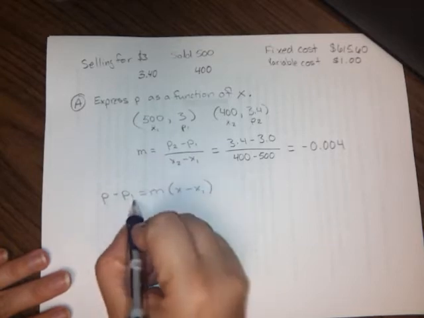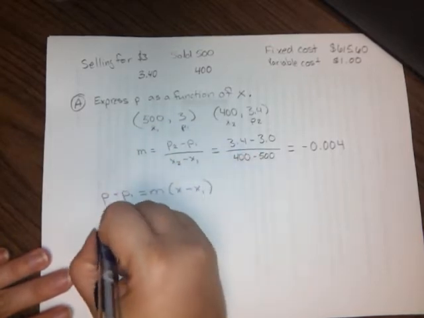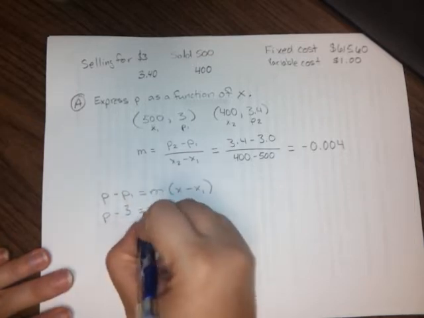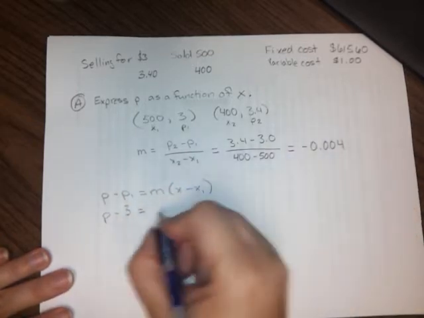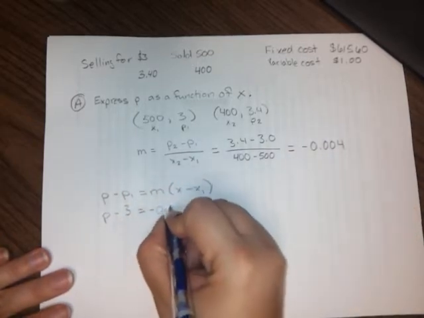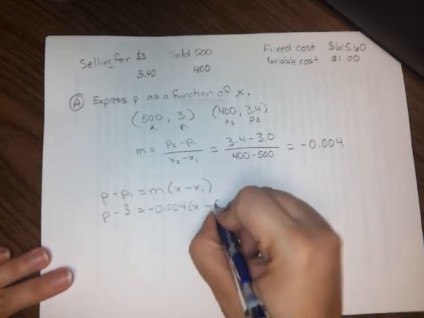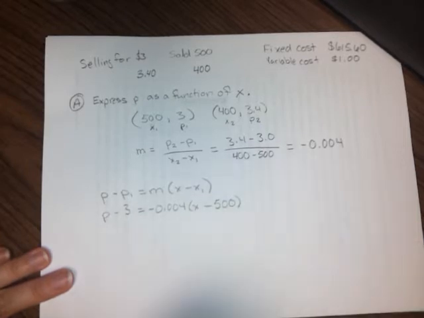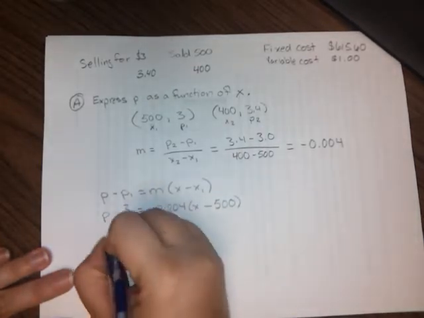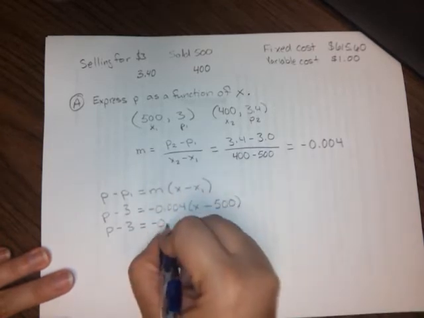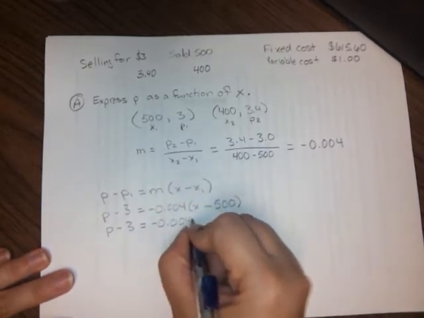So now I go ahead and plug in these 2 points. So p minus p1, that's 3, equals m. Well, we found that slope. That's negative 0.004 times x minus x1, that's 500. I can simplify that a little. P minus 3 equals negative 0.004x.